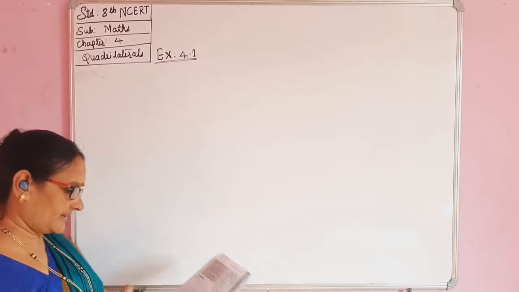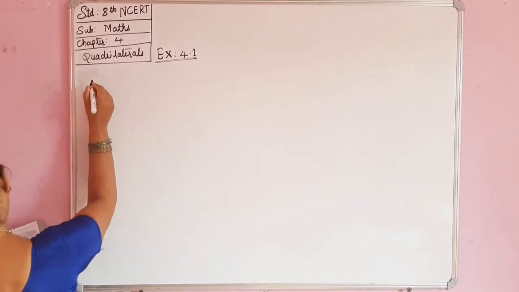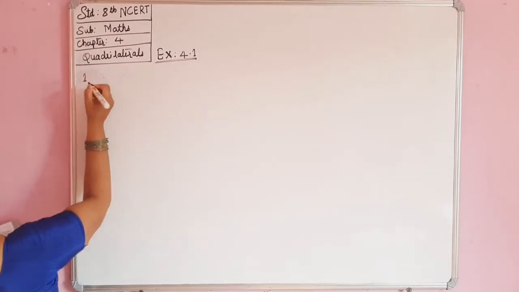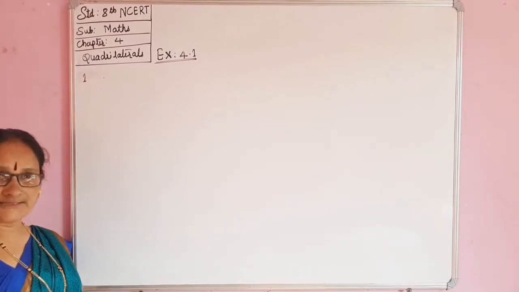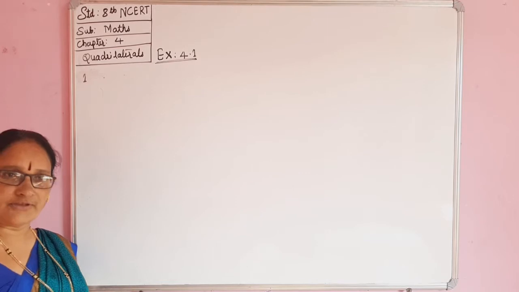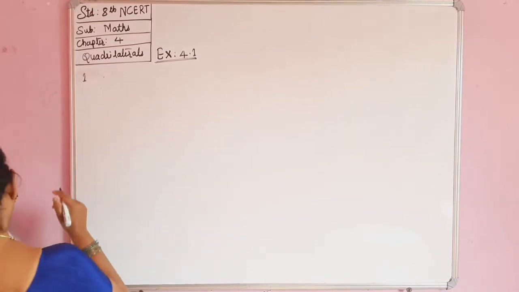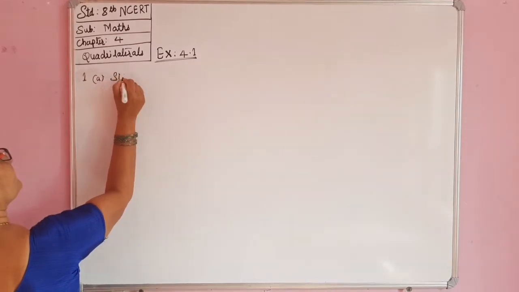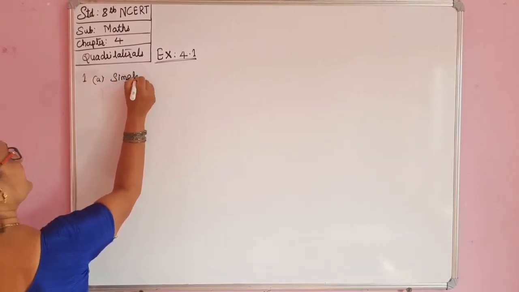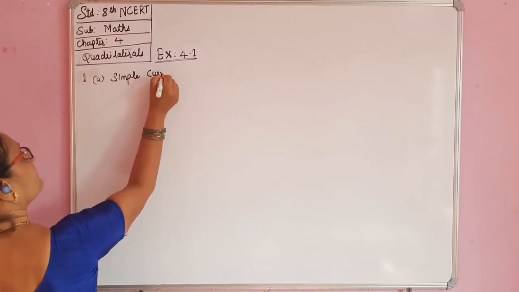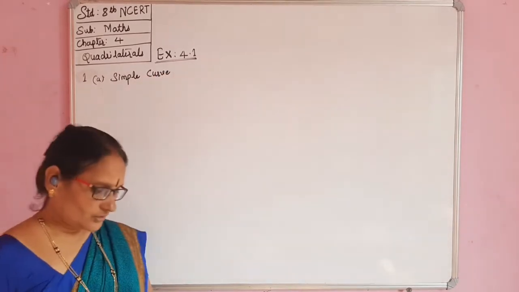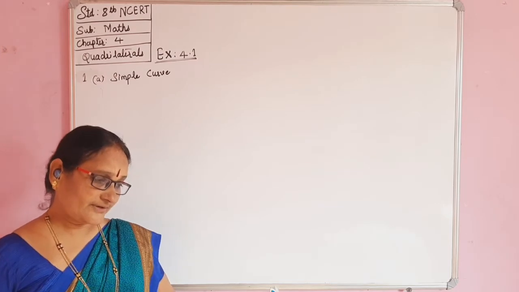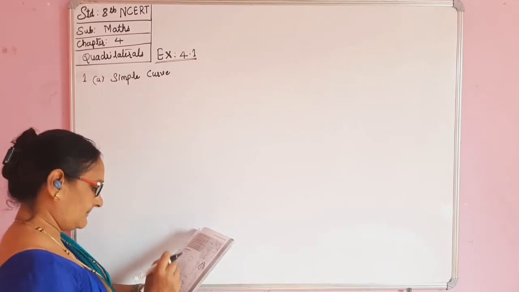First one, simple curve. You have to draw the figures. Now I am directly giving you the answer. Which are the simple curves among all those figures? The first one is a simple curve.